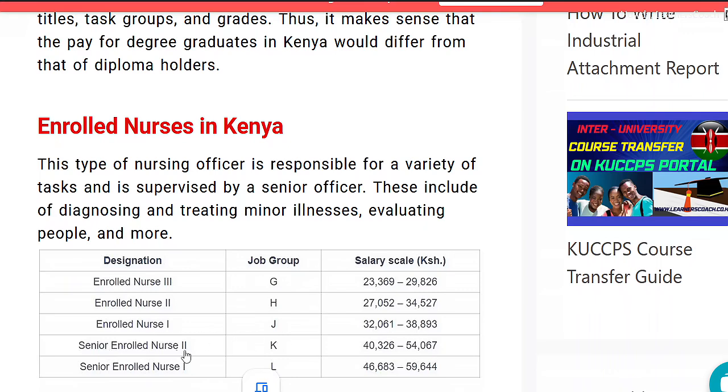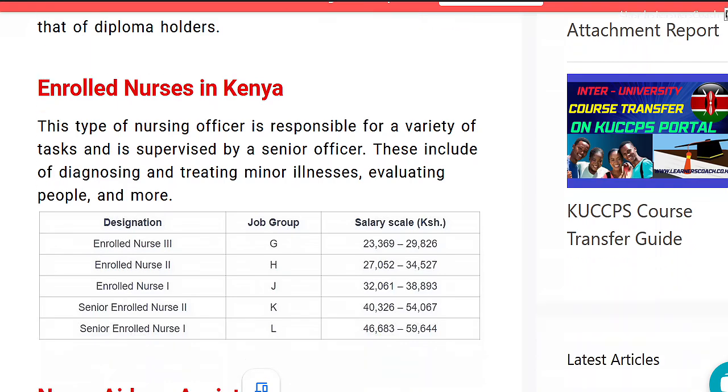Senior enrolled nurse 2, job group K, earns between 40,000 to 54,000 Kenya shillings. Senior enrolled nurse 1, job group L, earns between 46,000 to 59,000. Remember, these salaries are subject to change, so by the time you're watching this video, they might have been reviewed upwards or downwards, but for now these are the latest salaries.